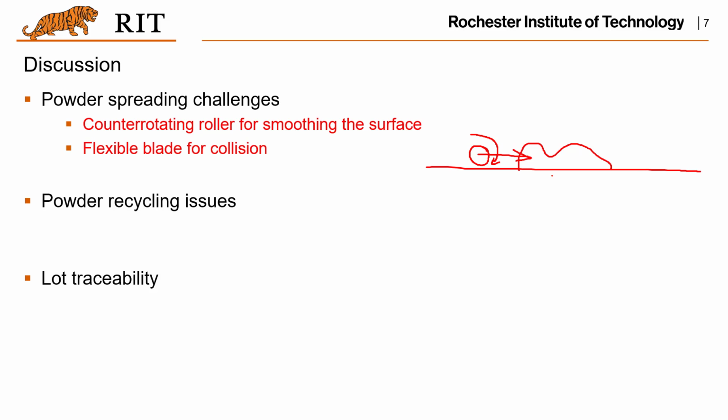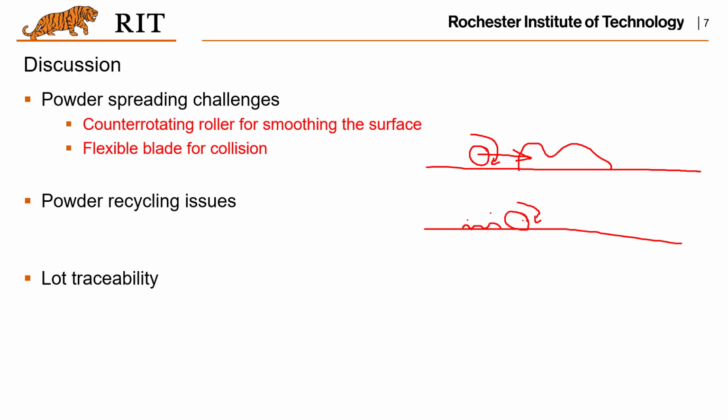What happens is maybe you will smooth out some of the surface, but after the roller rolls from here to here, there will be some small bumps generated.